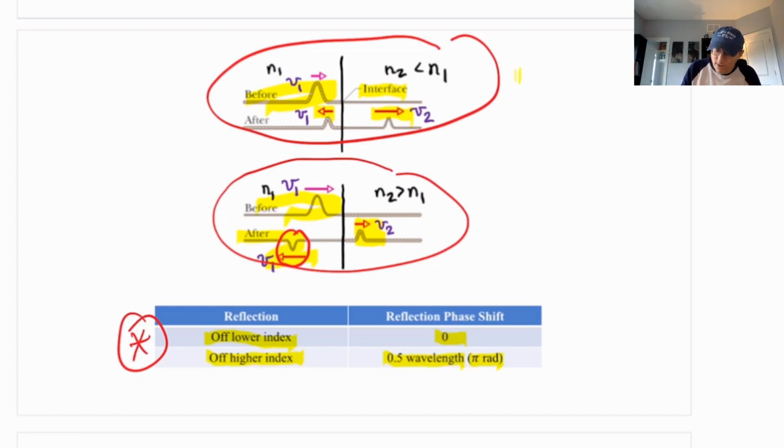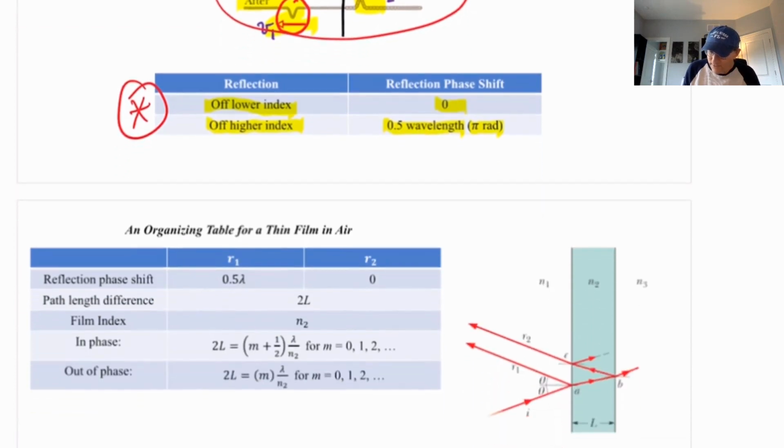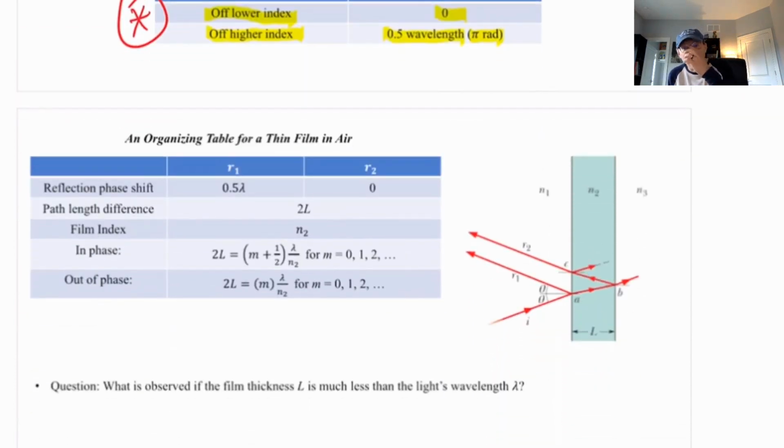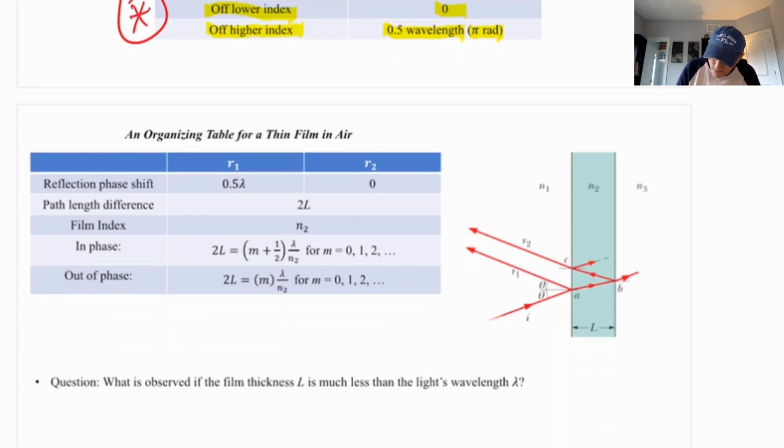All right, so now what we're going to do is take our picture of our thin film of thickness L, index of refraction N2, with our perpendicularly incident ray I, and our two rays that come off there, R1 and R2.